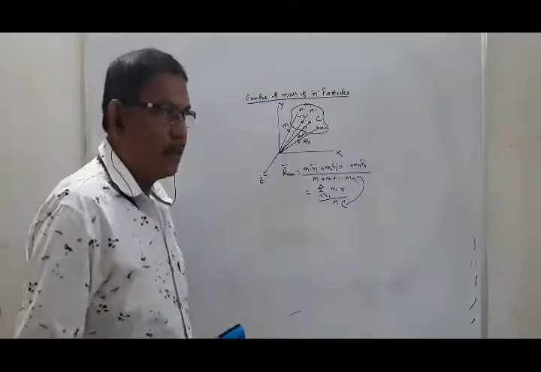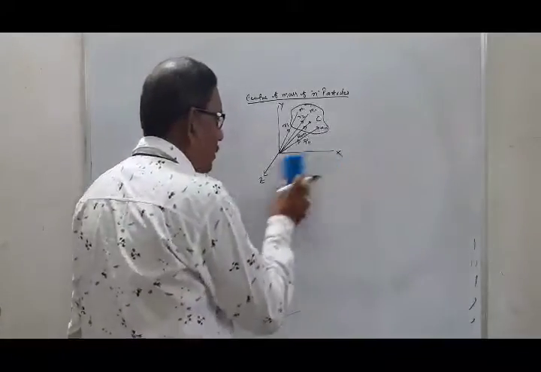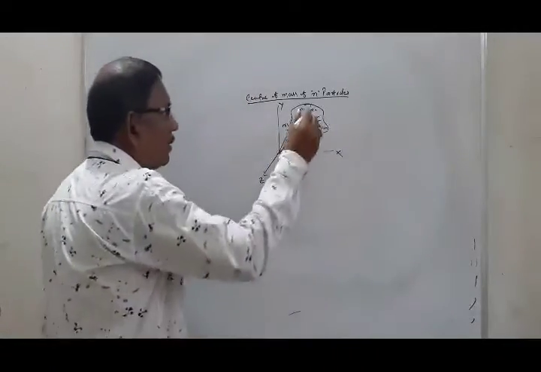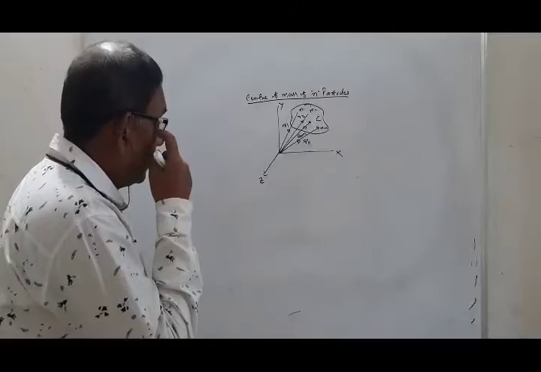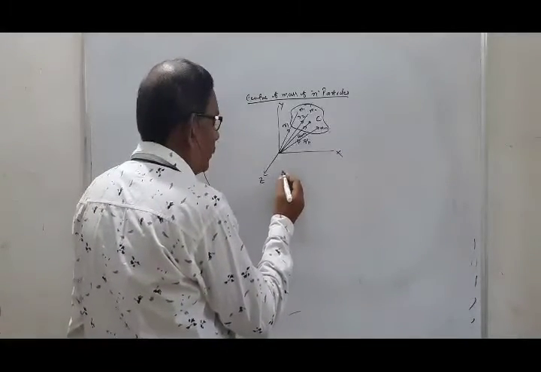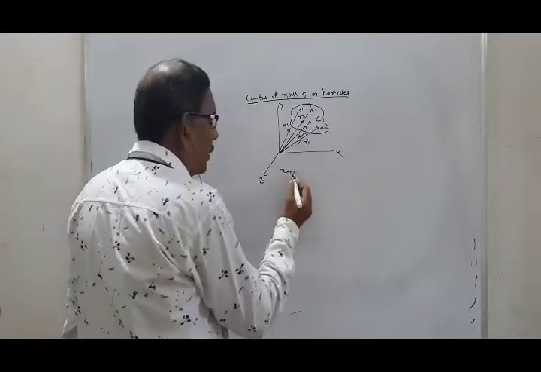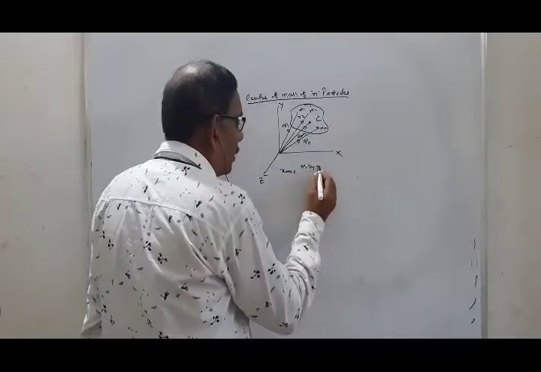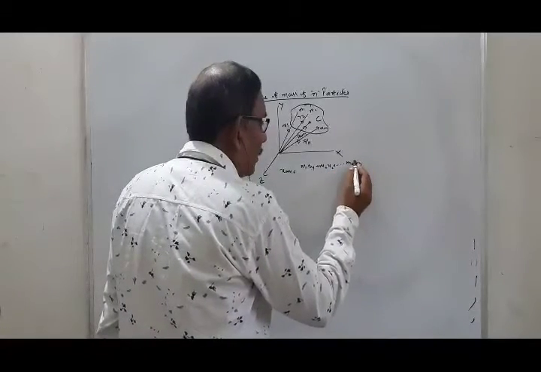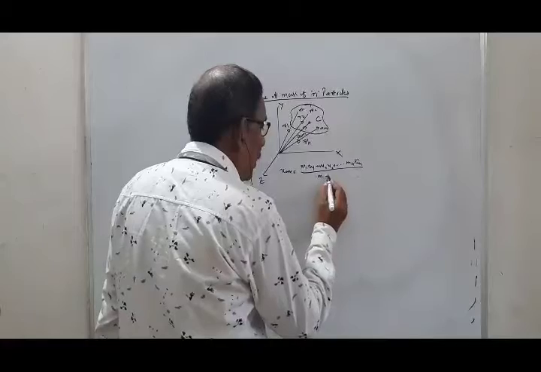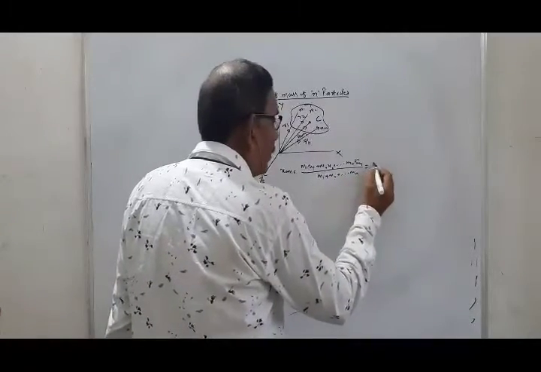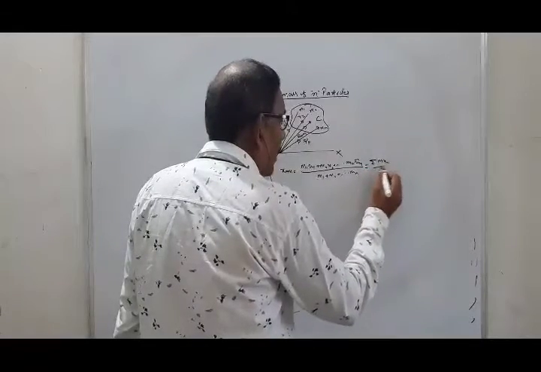Similarly, for x coordinate, XCM is equal to M1 x1 plus M2 x2 up to Mn xn by M1 plus M2 up to Mn, that is equal to the summation of Mx by M.